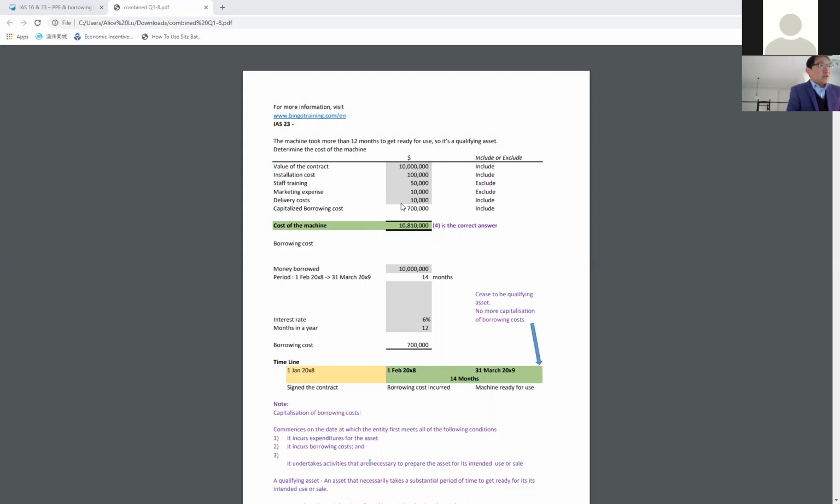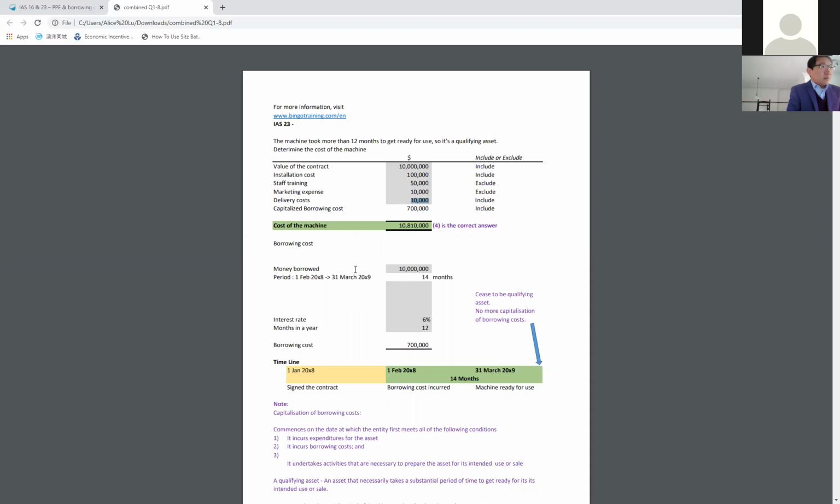So if we just exclude the capitalized borrowing cost, you can see that the 100,000 for install is going to be included, as with the delivery. However, the 50,000 staff training and the marketing is clearly going to be excluded, okay?